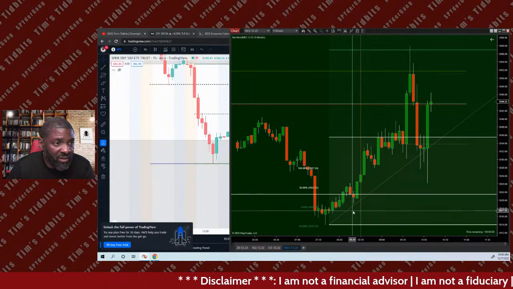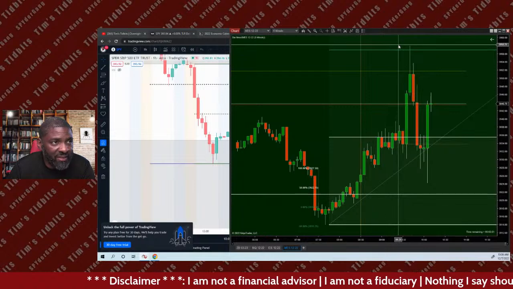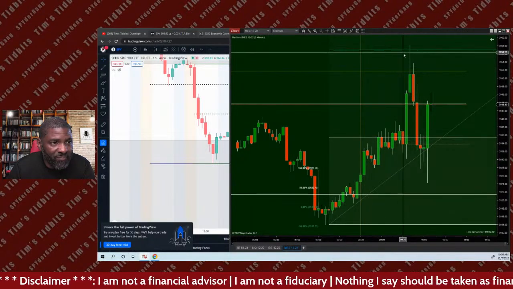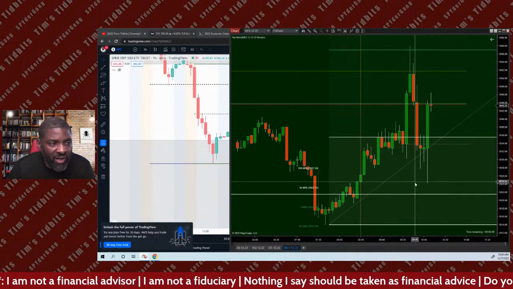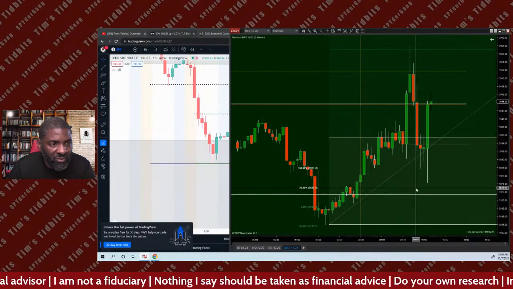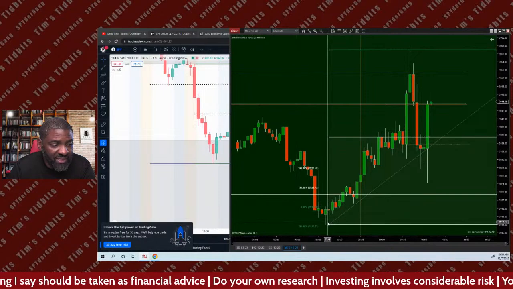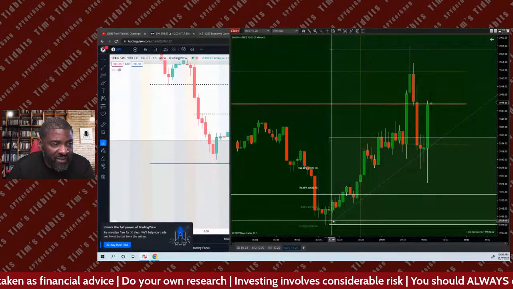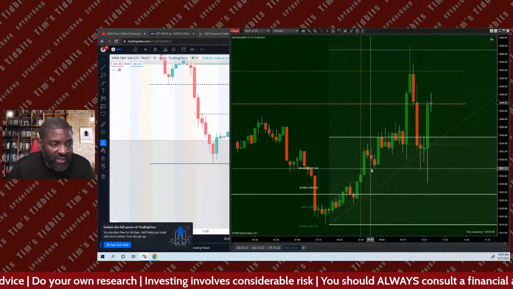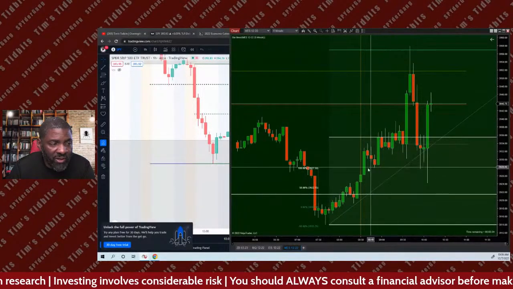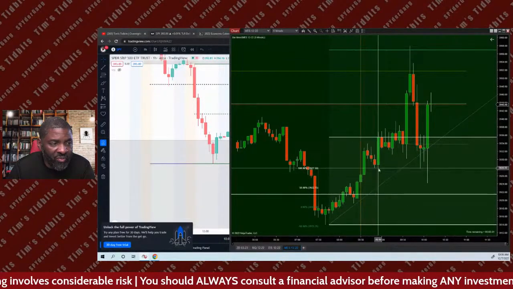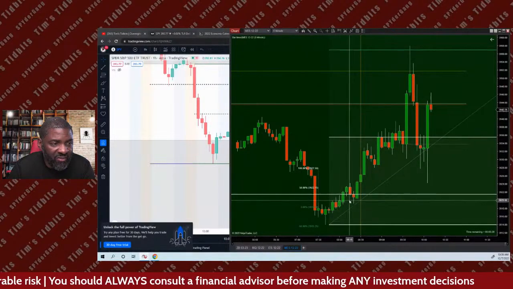Reason being because we just took out buy side. So when we take out buy side, that puts me in the mind frame of wanting to short, right? When we took out this sell side, this was the long right here. And that was before market open. This was the long right here when we took out the sell side, right?